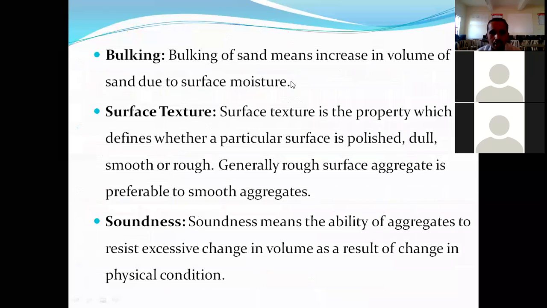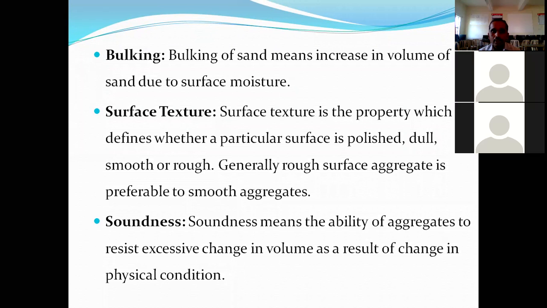Next one, bulking. Bulking of sand means increasing the volume of sand due to the surface moisture. In case of moisture content, the sand bulks, or it increases its volume due to the presence of moisture. Up to some limit, presence of moisture will increase the volume of sand, and after saturation the sand comes back to the original volume.